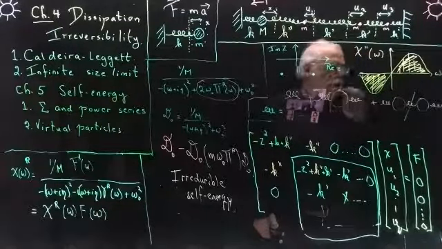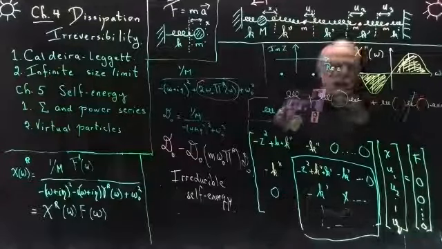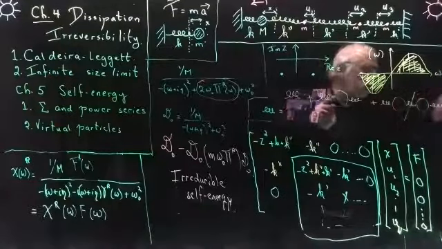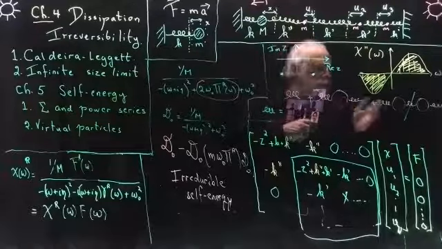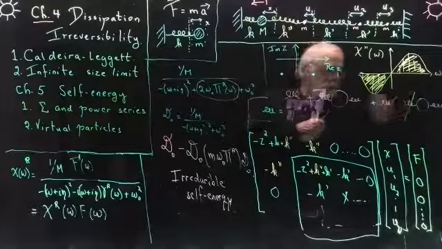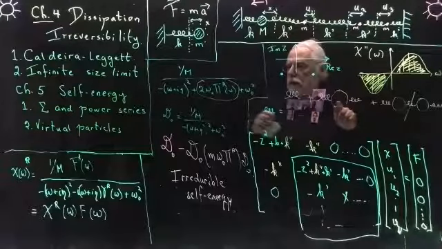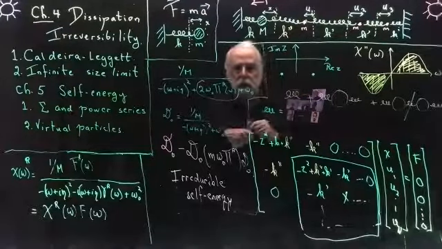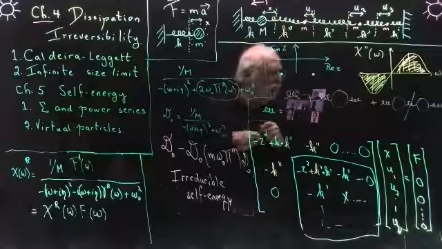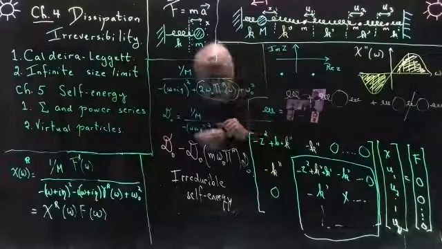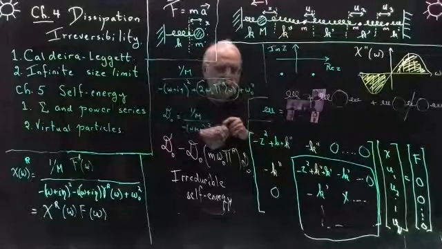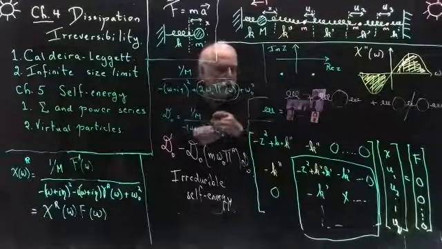If I call the full series here the self-energy, then this one here is the irreducible one. It goes directly in the denominator. We'll see this in other contexts, but in reality it's not more complicated than this.